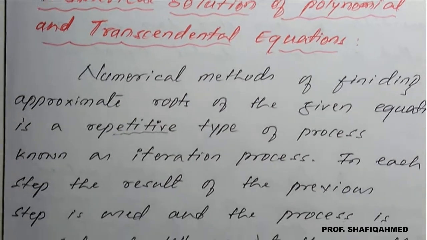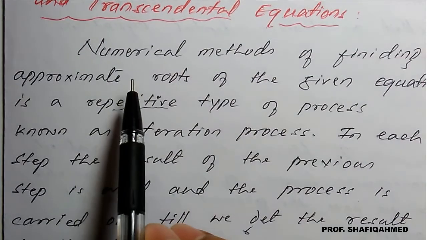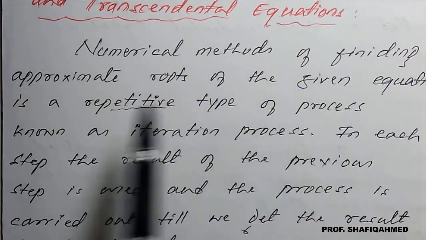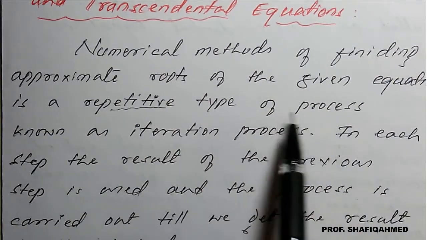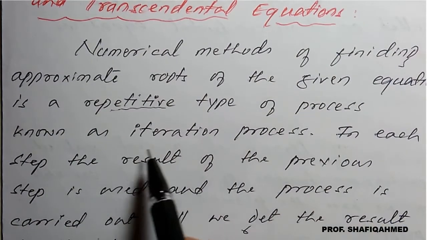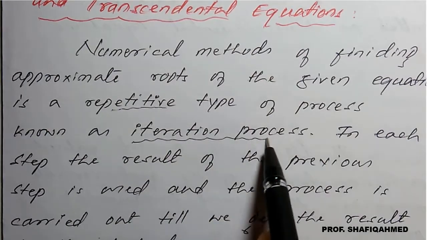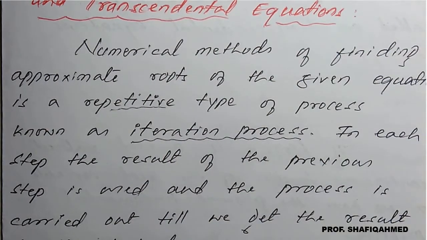Numerical methods of finding approximate roots of the given equation is a repetitive type of process known as the iteration process. Already you have seen one concept in matrices in your previous semesters, that is Rayleigh's power method.